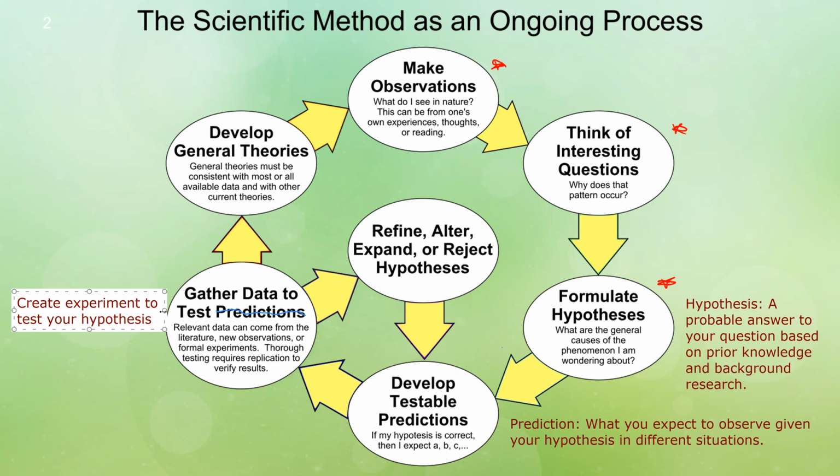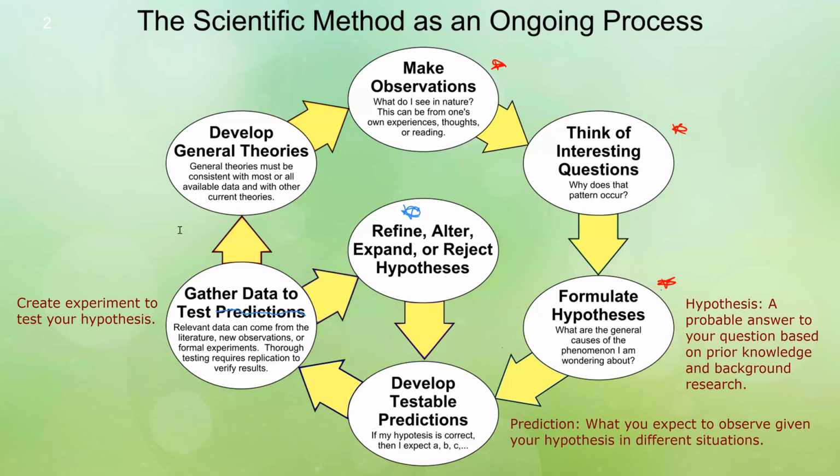And this is where you collect your data. Now, after you have tested your hypothesis, you really move on to this step right here. You either support or reject your hypothesis.